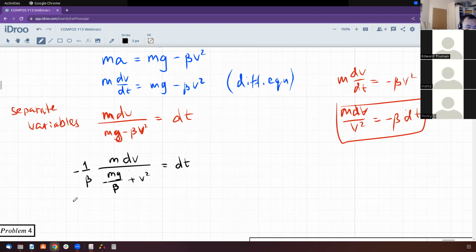I'll give you some time to absorb this. So I've taken beta out of the brackets on the bottom, and I'm left with this.